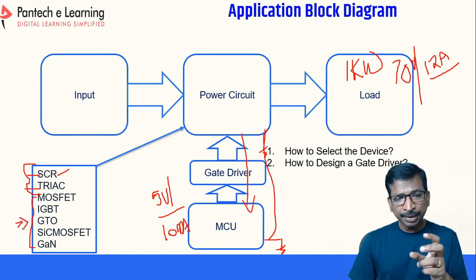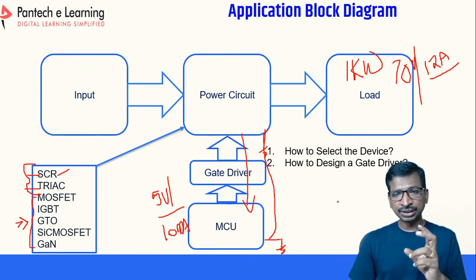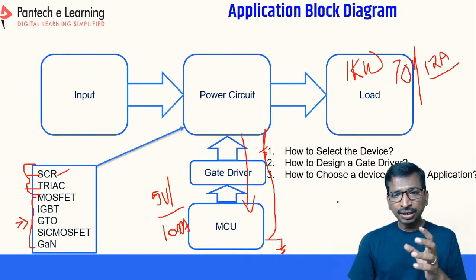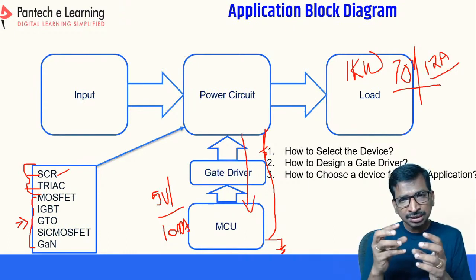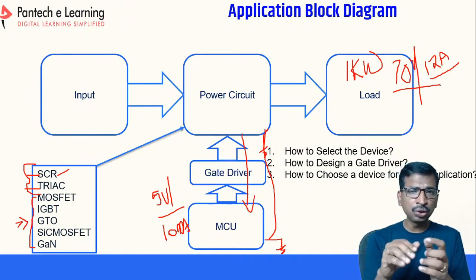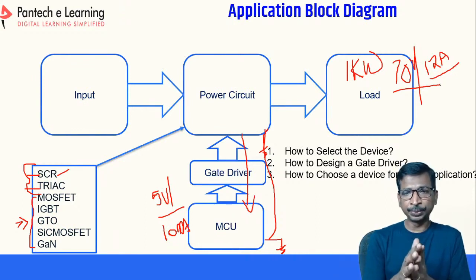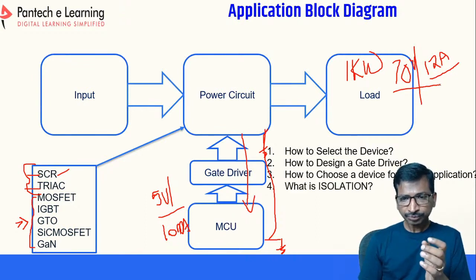And here, based on the frequency range and the current range, we have to choose the gate driver circuit. And finally, you have to consider the target applications, like is it a highly inductive load or a pure resistive load? So based on the load also, we have to consider it while you design the gate driver circuit, right?